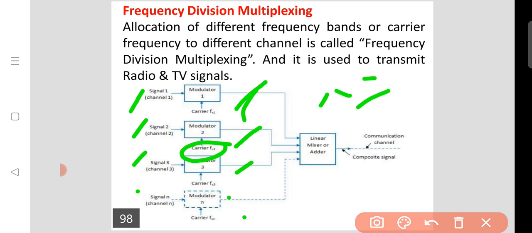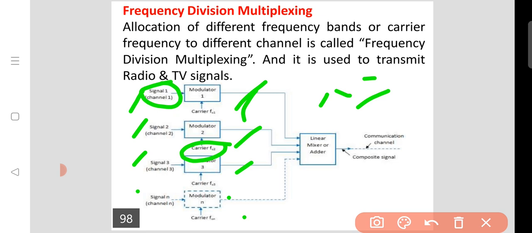Signals of one frequency range are fed to modulator 1, signals of another frequency range are fed to modulator 2, and all outputs are fed to the adder circuit at a time.